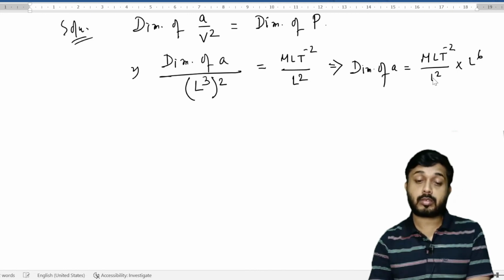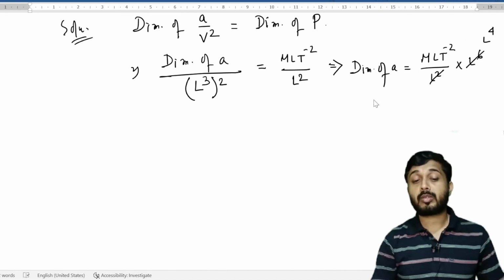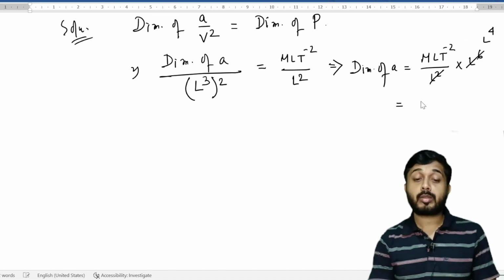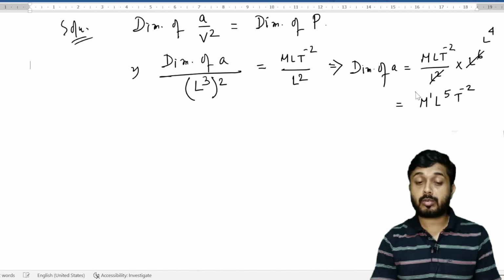So L square and L to the power 6 are cancelled out to give L to the power 4. L into L to the power 4 means L to the power 5. M to the power 1, L to the power 5, T to the power minus 2. Is it clear?